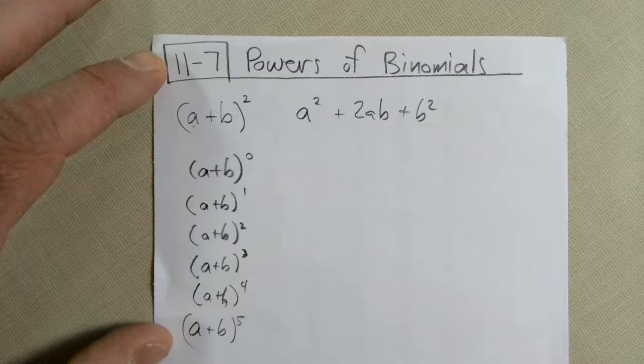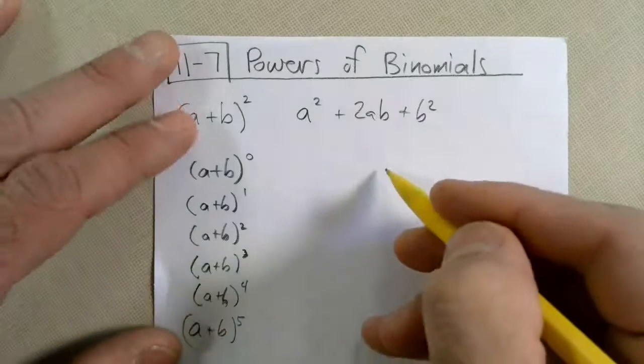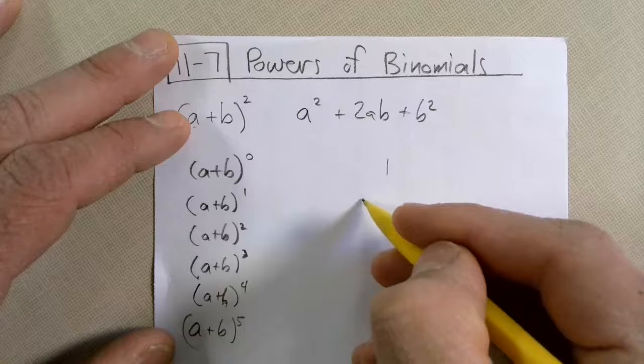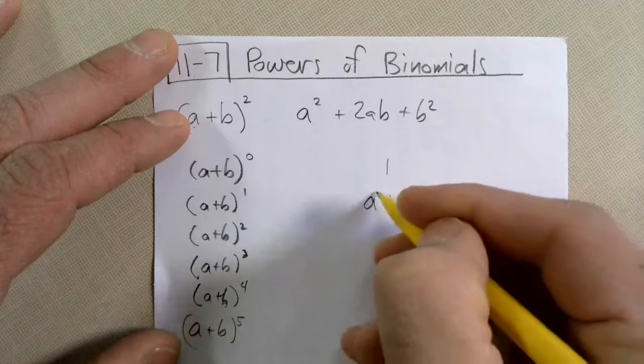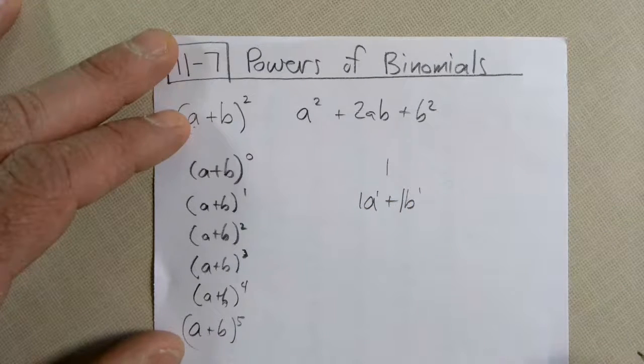Okay, I'm going to go ahead and write these down, and you're going to notice a pattern, I hope. A plus b to the 0 power is 1. A plus b to the first power is a plus b. And I'm going to go ahead and write some exponents here and coefficients, because I want you to notice this.